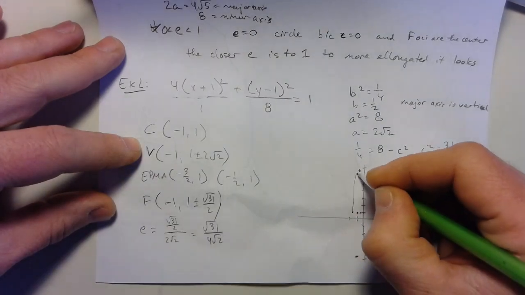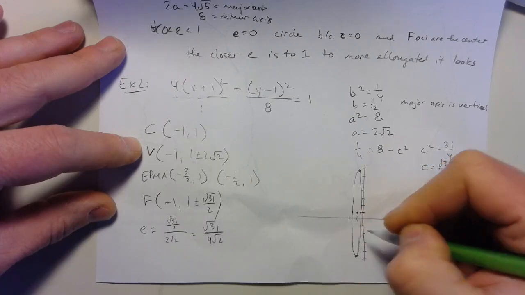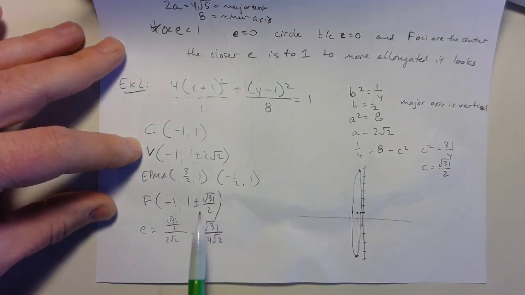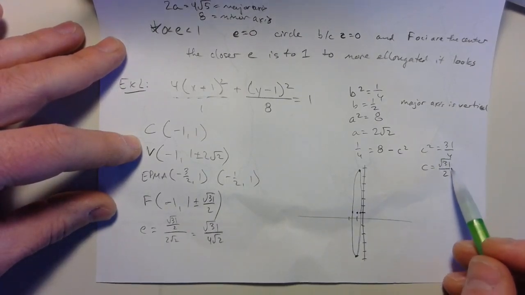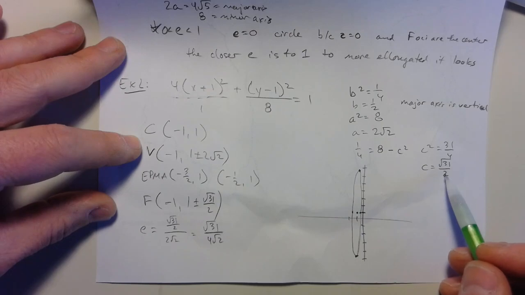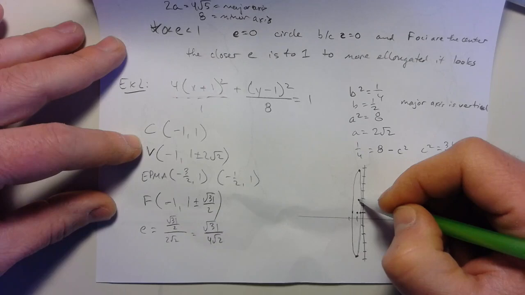Look at that, super skinny. The eccentricity was really close to 1, so it got super skinny. I'm going to need to go root 31 over 2 up and down. Root 31 is like 5.5 or so, cut in half, so that's 2.75 or so.